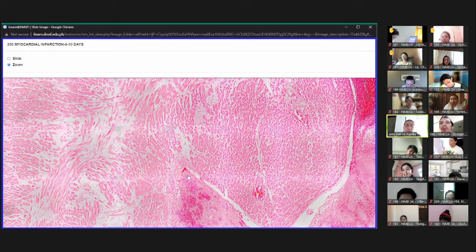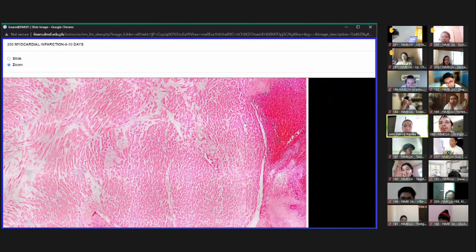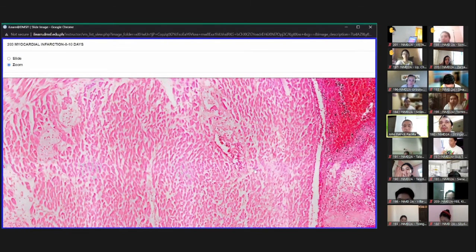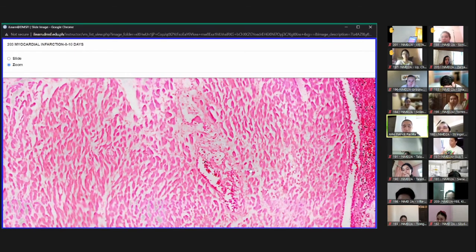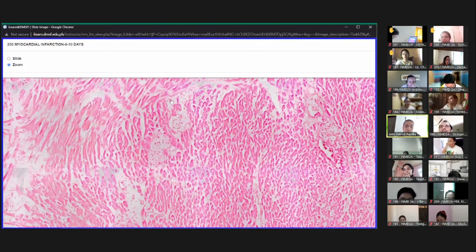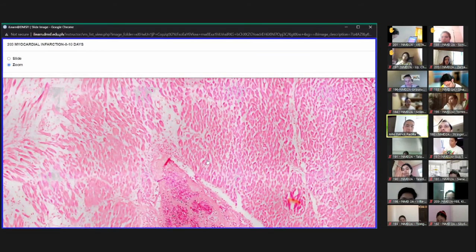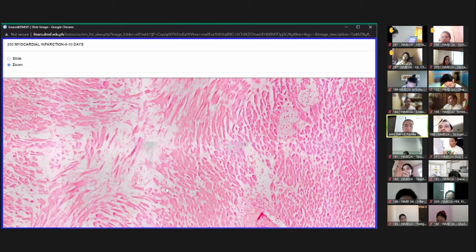But in the previous slide, what we would see would be the disintegration. But during the 8 to 10 days, there would be maximal granulation tissue formation. What would be the features that we would associate with granulation tissue formation would be the presence of blood vessels, the presence of fibrosis, and the presence of mononuclear cell infiltrates.